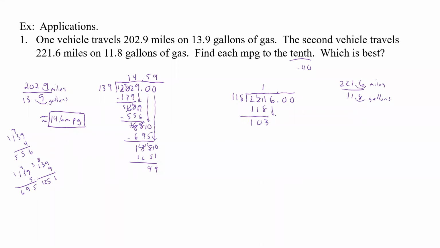Now we bring down our 6. And 118 times maybe 8 will give us that. So that's going to be 64. 8 and 6 is 14. That's 944. If we add another 118 to that, that's 12. 4, 5, 6, and 10.